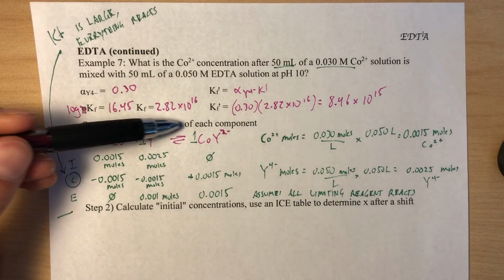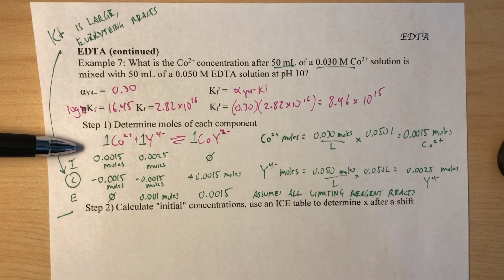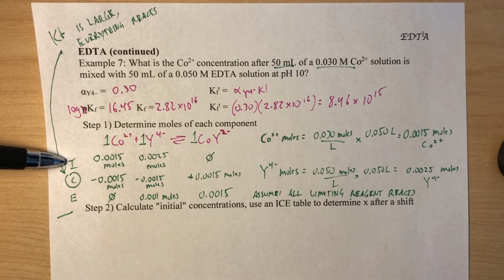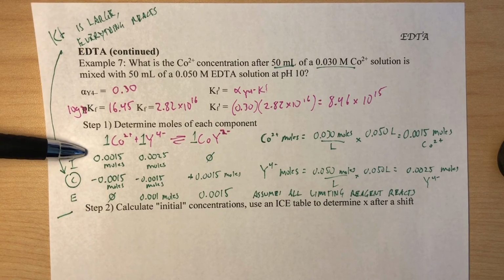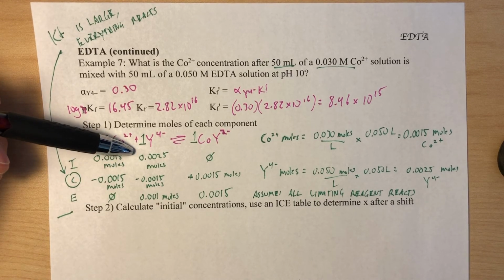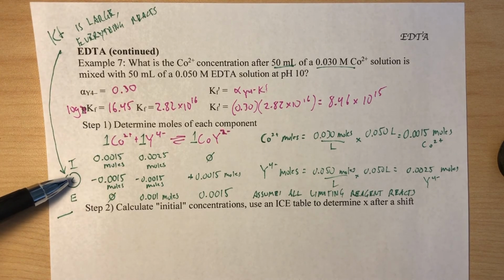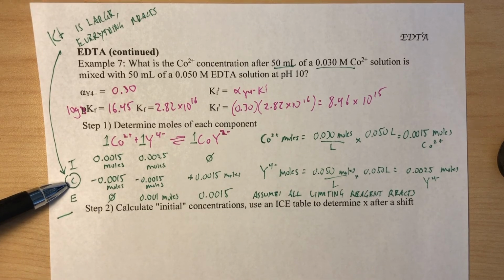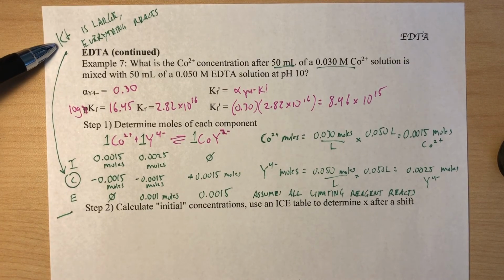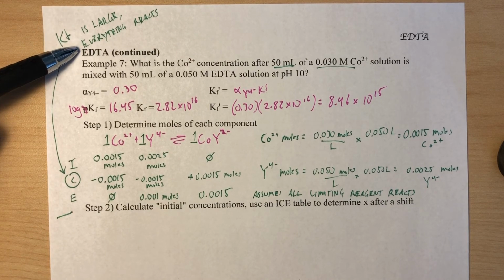When we consider how they are going to react, we can start initially with our moles. So we have 0.0015 moles of cobalt. We have 0.0025 moles of EDTA. Now, our change is going to be a little different than what we've seen before. Since Kf is very, very, very large, these are large positive exponents, we need to assume that everything that can react will react.